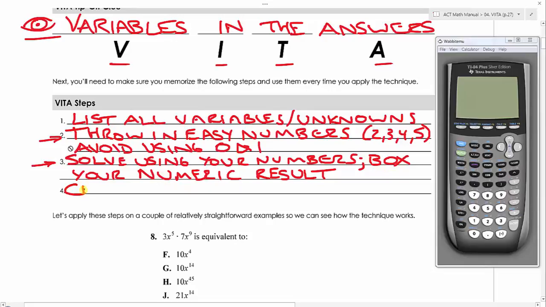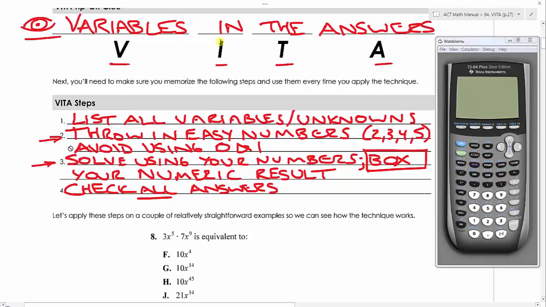And then step 4 is to check all answers. Now what I mean by check all answers is basically you're going to throw the numbers that you have chosen in step 2 into the answer choices to try to find the value that you had boxed. In other words, you're converting your answers from variables to numbers to find out which answer choice matches the result that you got in step 3.